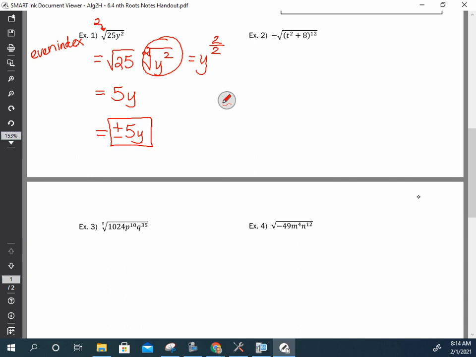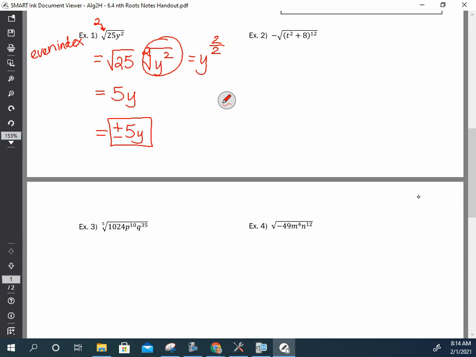All right, example 2. So example 2, you have the opposite of the square root of t squared plus 8 raised to the 12th power. Now, please do not write t squared plus 8 12 times and multiply it out. Number 1, you don't have time to do all that. Number 2, I don't have time to look at it.